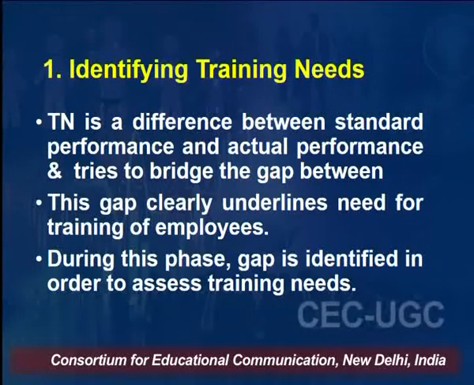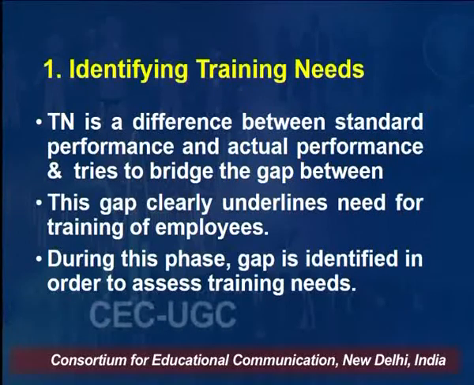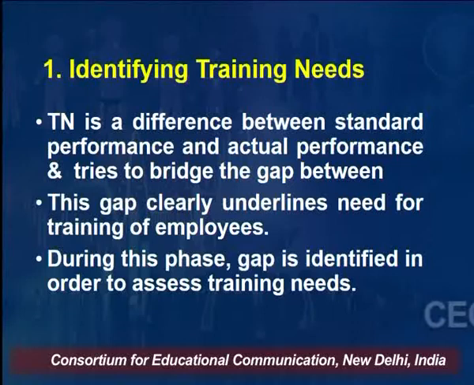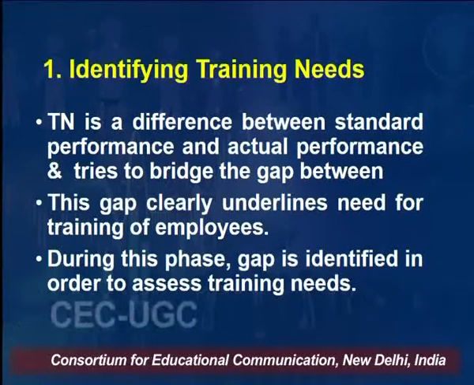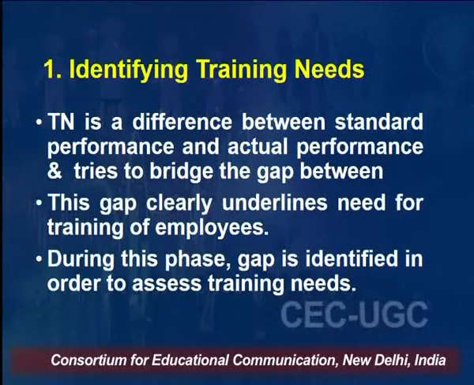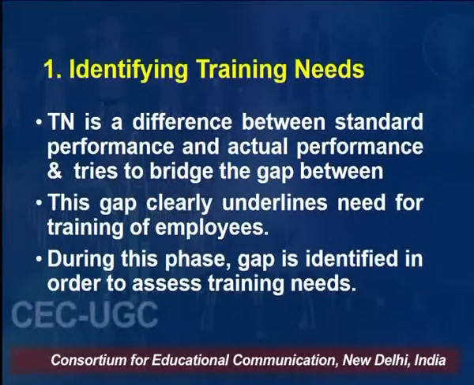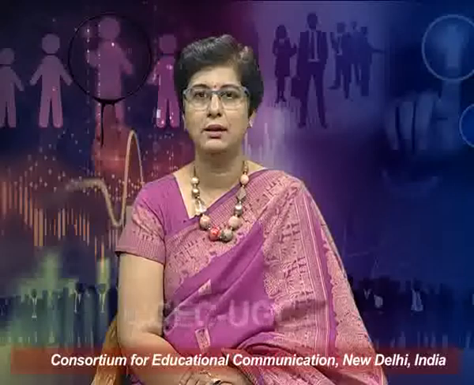Training tries to bridge the gap, and this gap clearly underlines the need for training of employees. During this phase, the gap is identified in order to assess the training needs. Training needs help us in assessing the gap between the actual performance and what performance should be there.